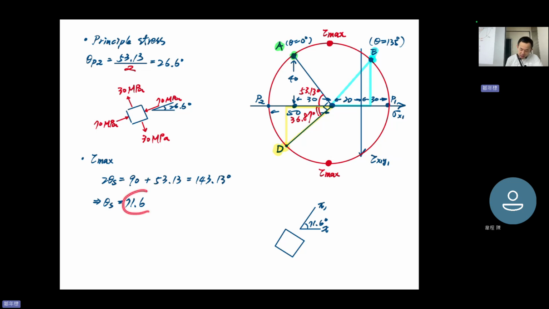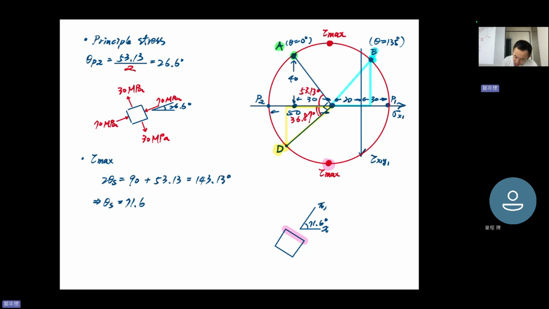So this theta s of 71.6 is this point. So here this point and this point. Yeah, that's how we find this. And then this is positive tau.